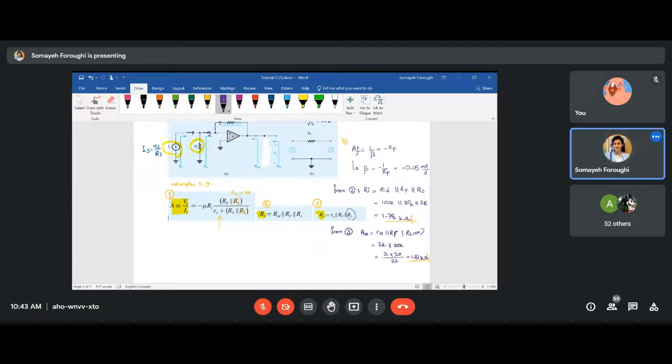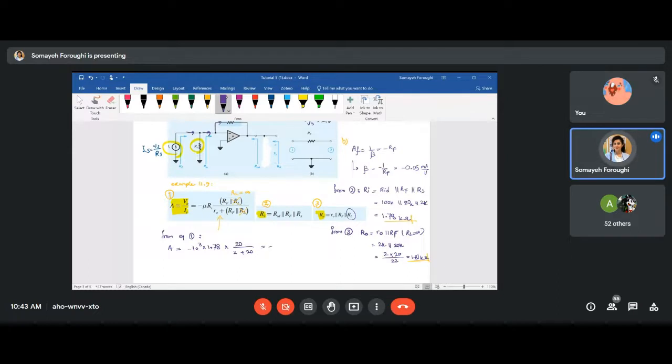So for equation 1, I will have A to be mu, which is negative 10 to the power of 3, Ri, which we found here, 1.78, times RF, which is 20, over little RO, which is 2, plus 20.